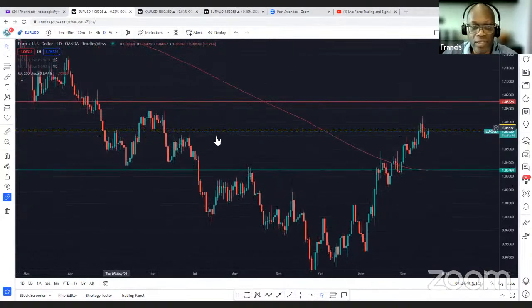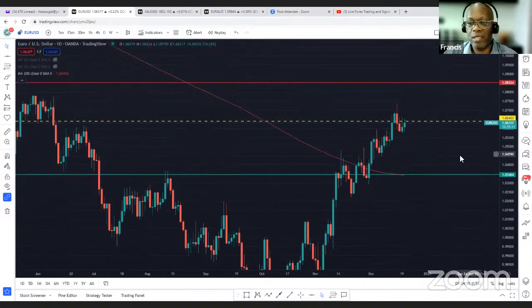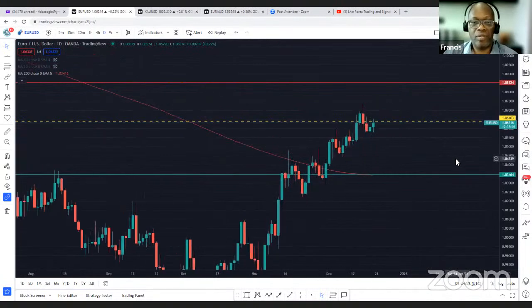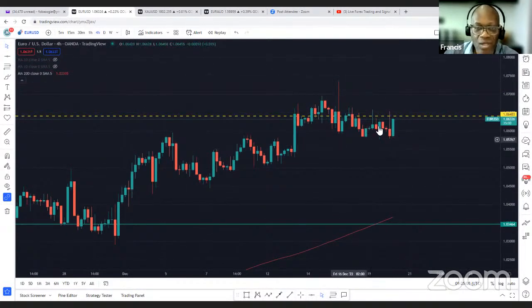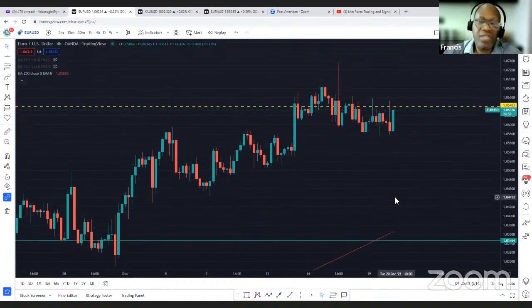You can see it's in that area of some sort of resistance. Nothing much is happening there. The market is consolidating here, which is typical of this time of the year.